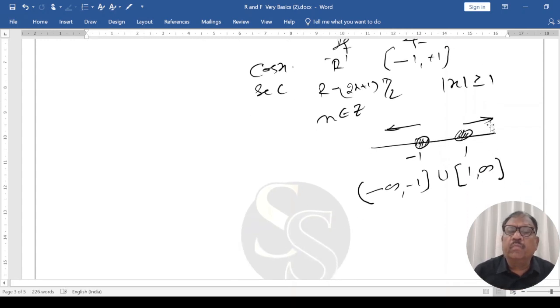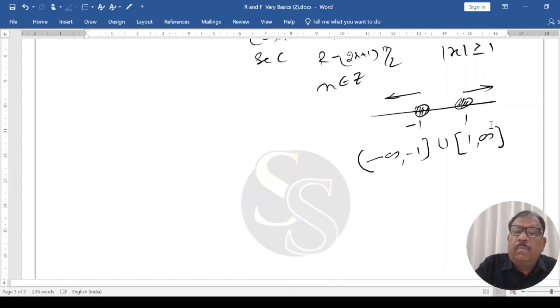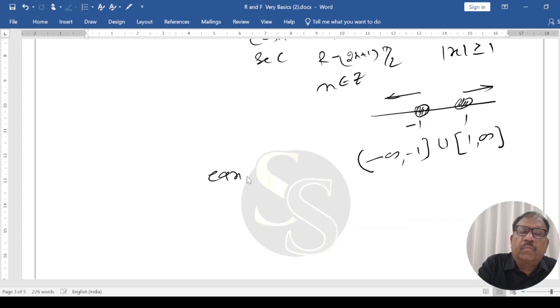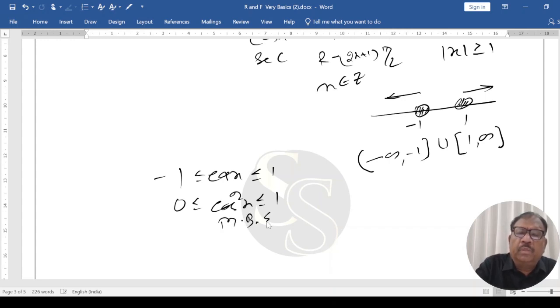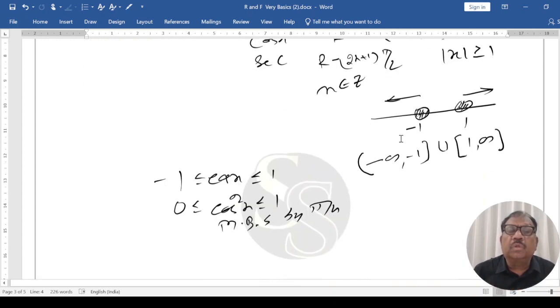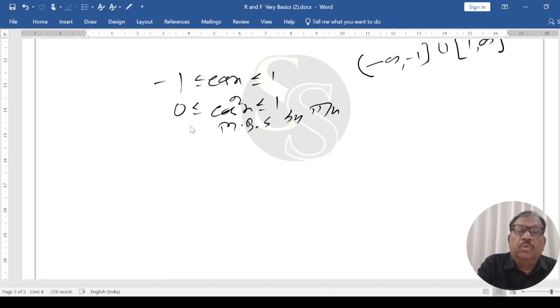Now come to the question. The requirement in the question is that the range of cos x is from minus 1 to 1. So cos square x is between 0 and 1. Then multiplying both sides by pi by 4, as given in the question, we get 0 to pi by 4 cos square x to pi by 4.